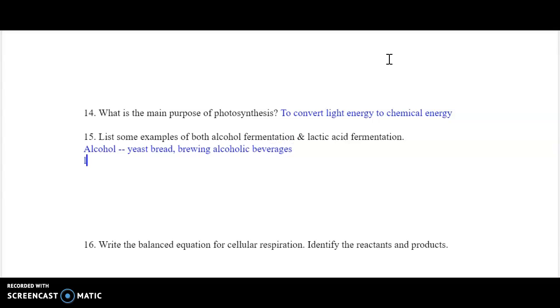And then lactic acid fermentation. That will be in the muscles during a hard workout. And it's also in sour things, like lactic acid in yogurt will give yogurt its sour taste, or sauerkraut, those kind of things. Lactic acid fermentation for those as well.